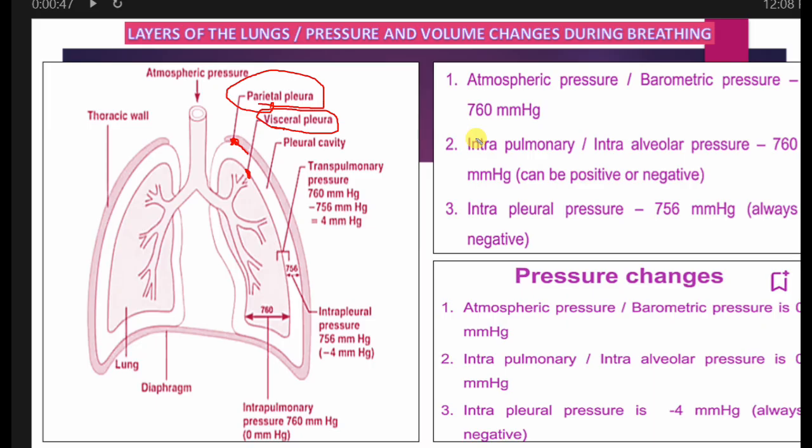Between the parietal pleural and visceral pleural is a space. Between the parietal pleural and the visceral pleural is a space or a cavity known as the pleural cavity.